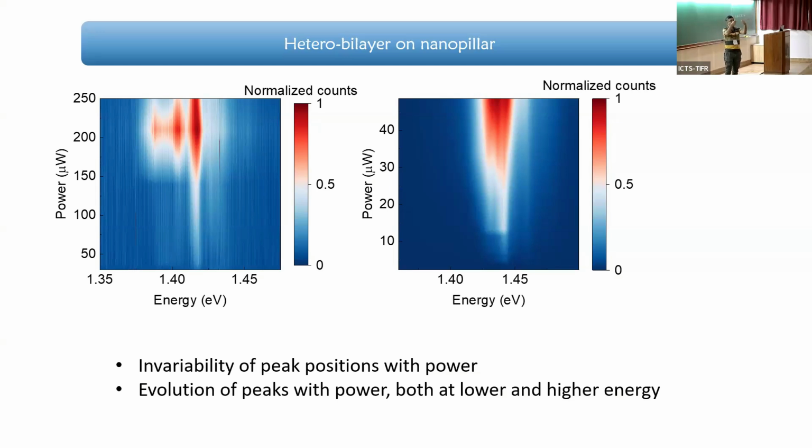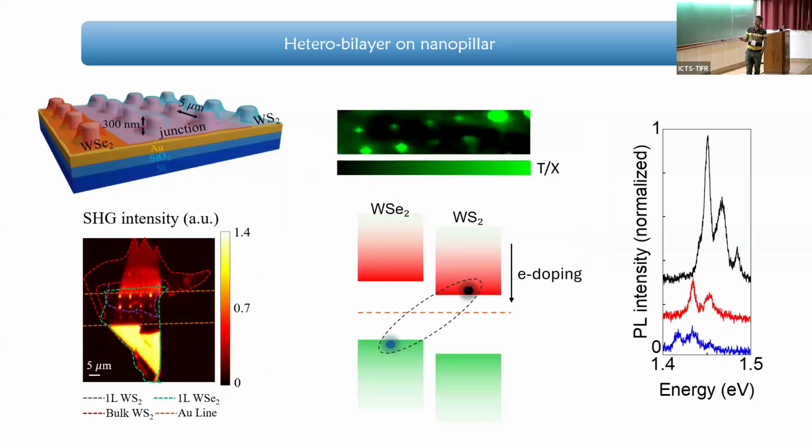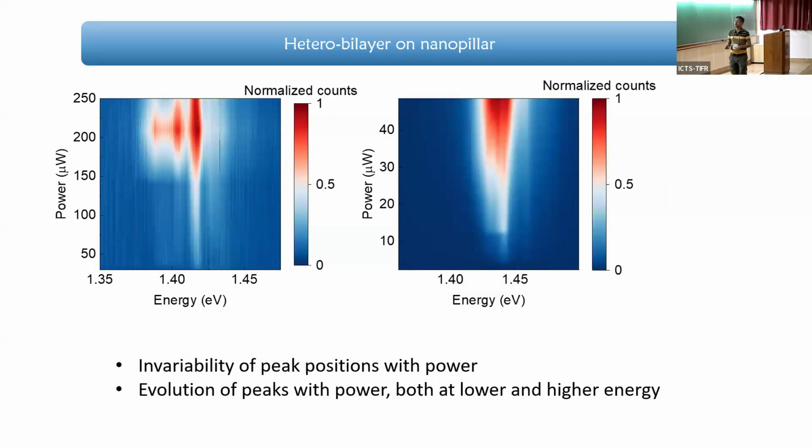So the entire dipole will start repelling, and because of the repulsion, what we normally observe is that as you increase your power, you see a strong blue shift, and we don't see anything like that. And I guess the answer is pretty obvious because, as I told you, as you increase your power, your electron doping also increases, apart from the dipolar repulsion, so they basically tend to cancel each other. Okay. So that's a thing.